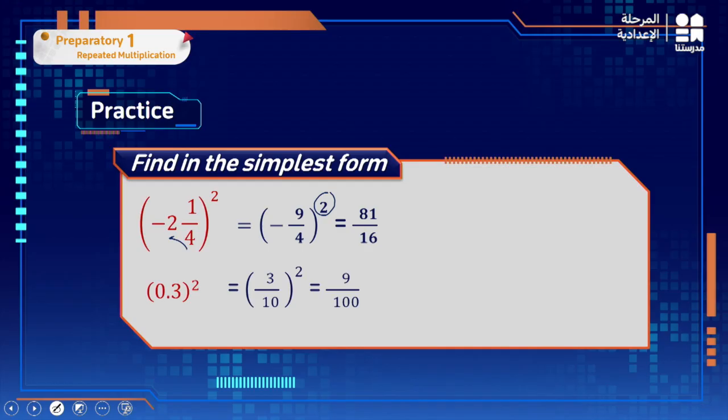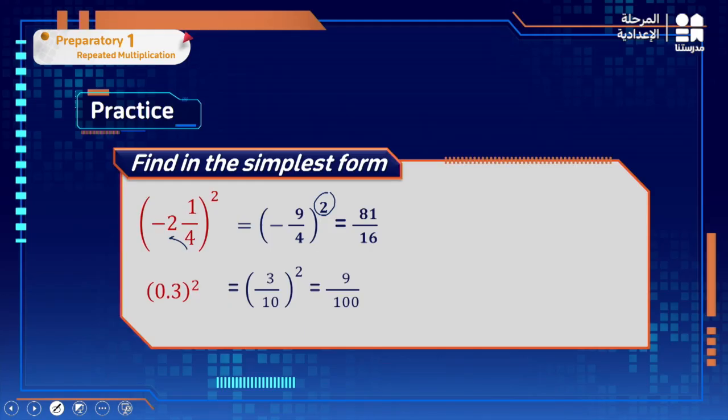And repeat 3 over 10 2 times, so it will be 3 over 10 times 3 over 10, which is 9 over 100. And here we have to keep in mind: 10 to any power, put the same number of zeros as the exponent. For example, 10 to the third power, the power is 3, so I'm going to write 3 zeros, which is 1000, and so on.